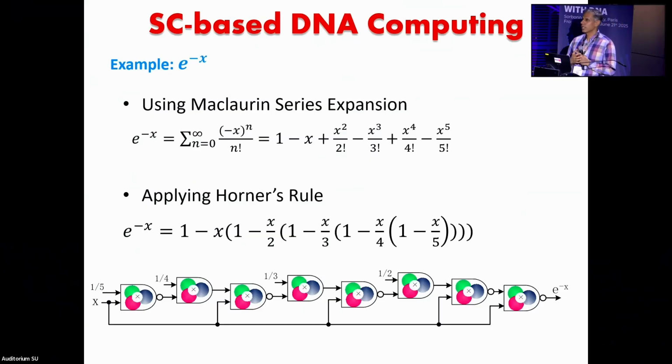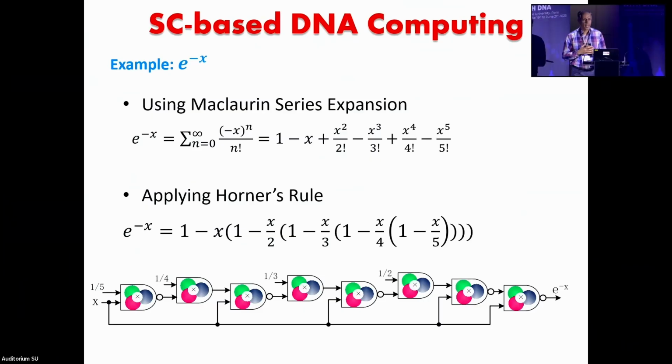Unfortunately, in general, inherently chemical reactions and DNA reactions are slow. Based on our experimental results, it takes maybe, I have something in the hidden slides, around 3 to 4 hours for each sample to get the output. And obviously, when we increase the accuracy, it means that we are adding more terms here, and we are adding more gates here, and the latency of the system is increased.